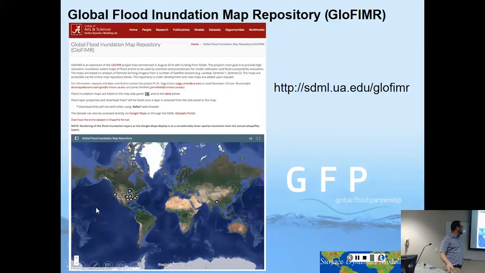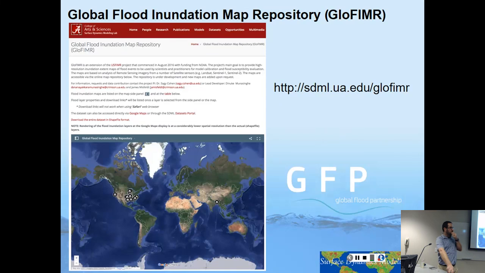Now, I've been involved with the Global Flood Partnership in the last year, I suppose, a little bit more than that. This is an initiative that basically gets folks from all around the world to provide services or to help when there's some flooding going on, some crisis going on somewhere in the world.